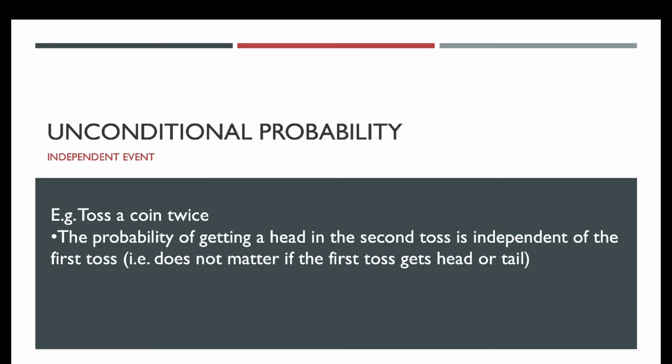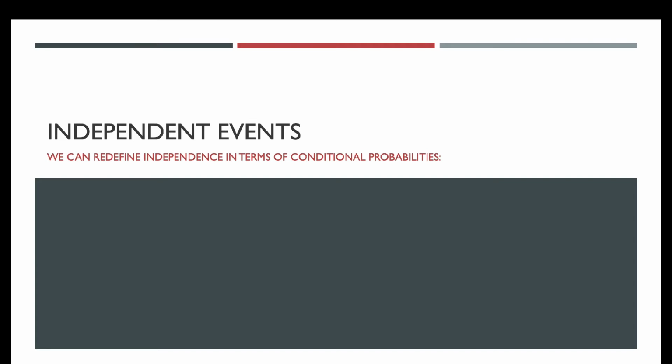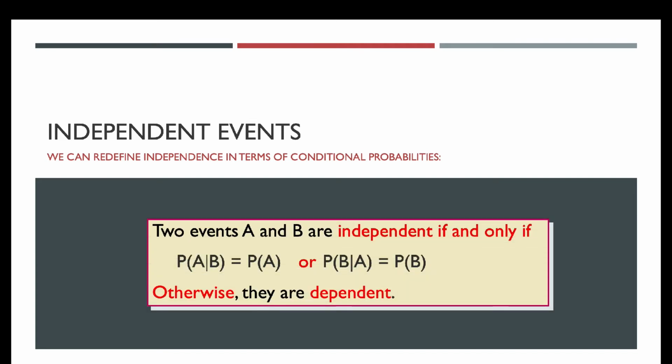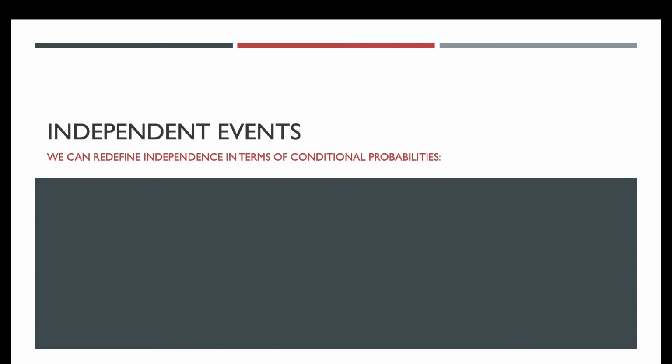For independent events, by definition, two events A and B are independent if and only if the probability of A given B equals the probability of A, or vice versa, the probability of B given A equals the probability of B.